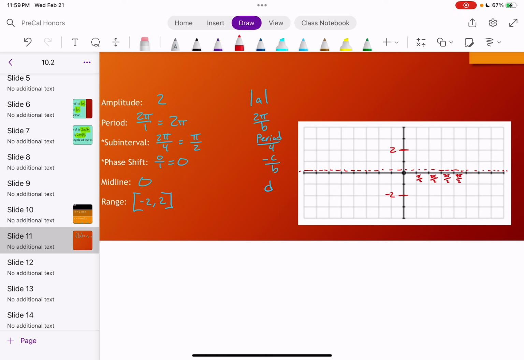The next thing is that we're looking at the cosine, which means we would be starting at the minimum of our entire equation, so we would begin with -2 at the 0 mark. We would head up to the midline, go all the way up to the maximum, drop down to the midline once again, and once again hit the minimum at the very end.